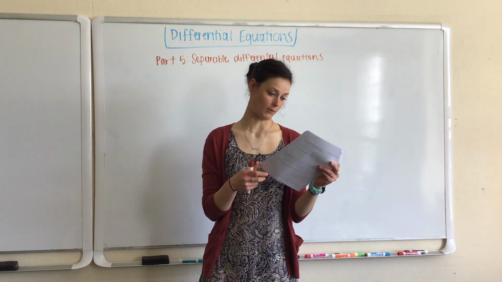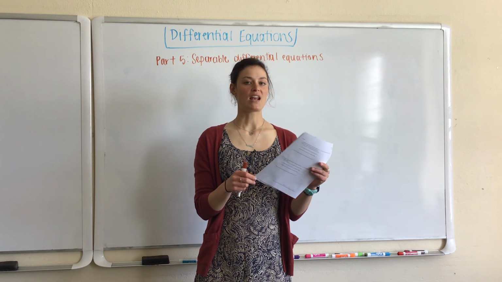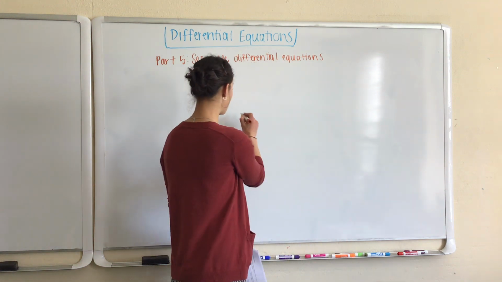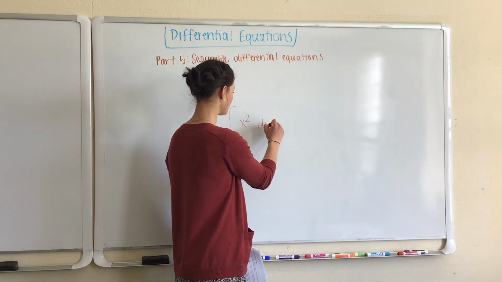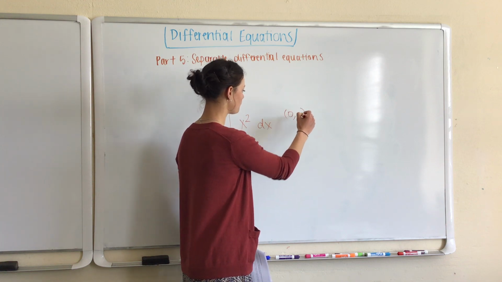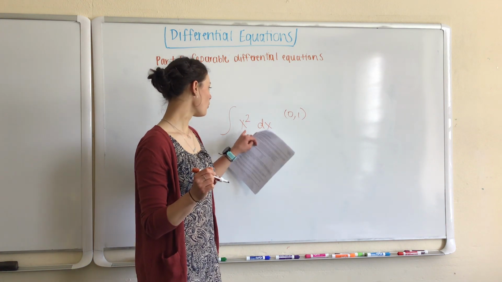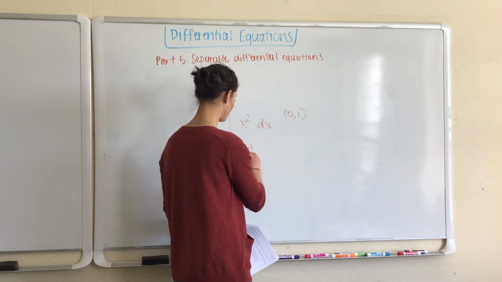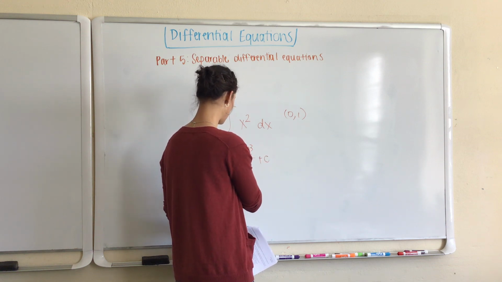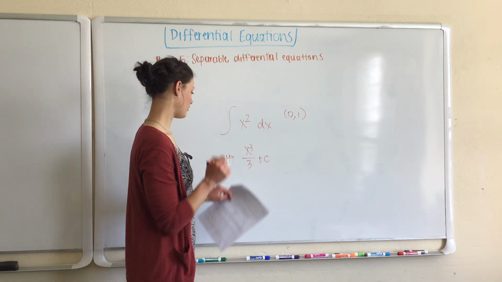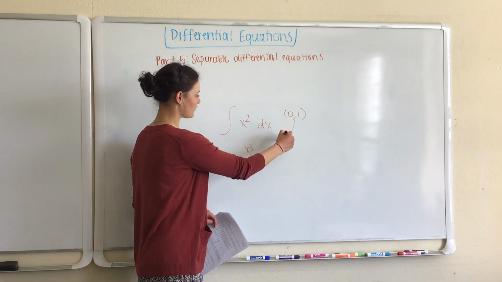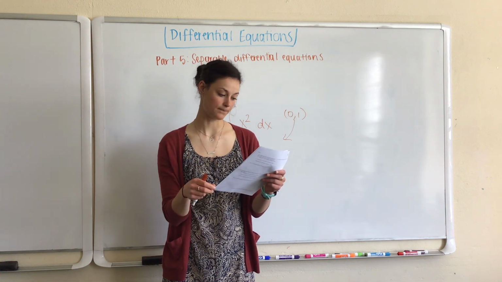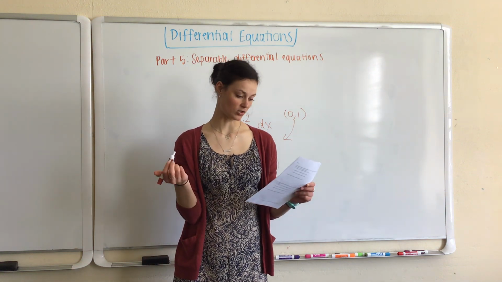But when we're given an integration problem that goes through a specific point, like find the integral of x squared in terms of x through the point (0, 1), we integrate and then we're able to solve for c. So we would get y equals x cubed over 3 plus c, and then we can plug in these values and solve for c, and that brings us to what we call the particular solution.